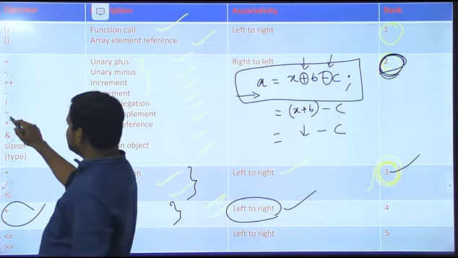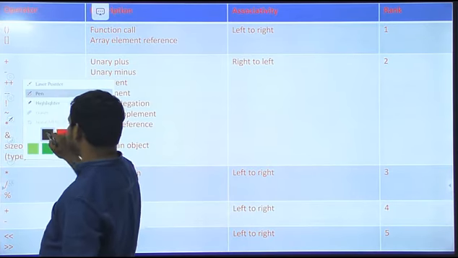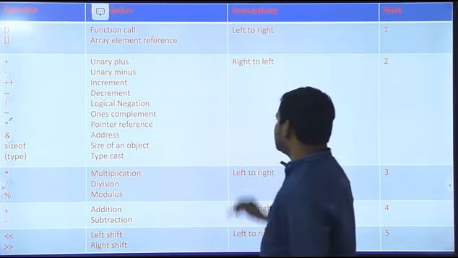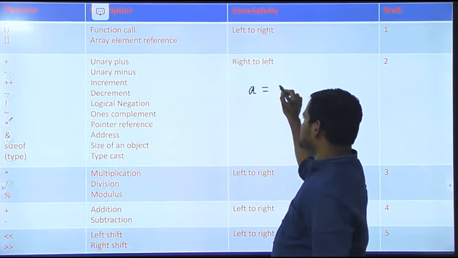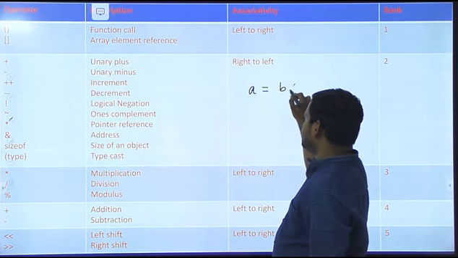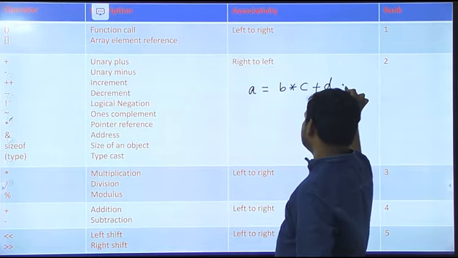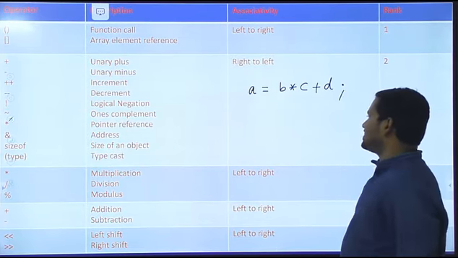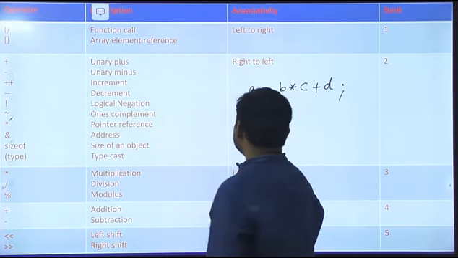So if you take this example, say A is equal to B into C plus D. Suppose this is an expression.